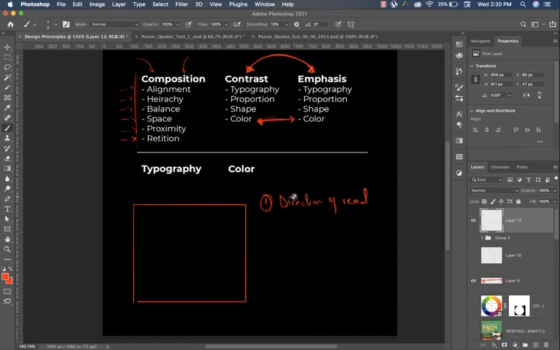In Nigeria or in Africa, according to the English language, we read from left to right and from top to bottom. So whatever design you are making, you have to take that into consideration.